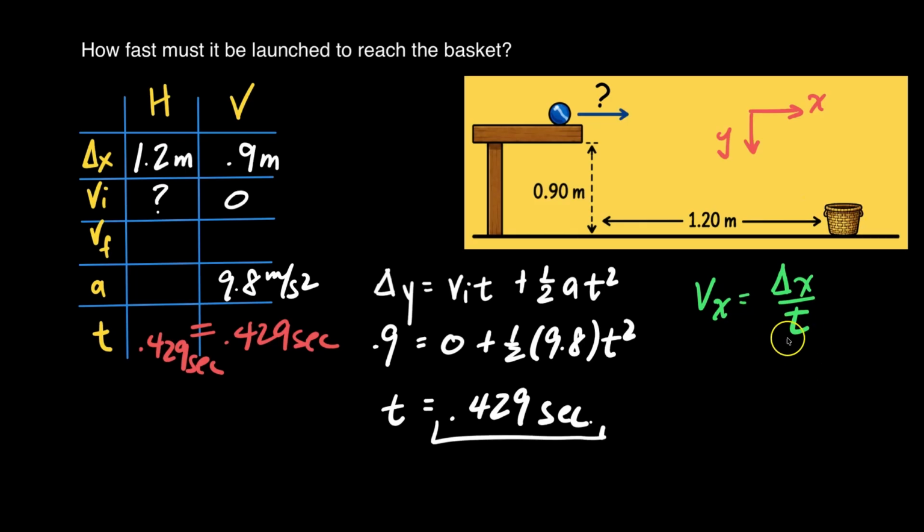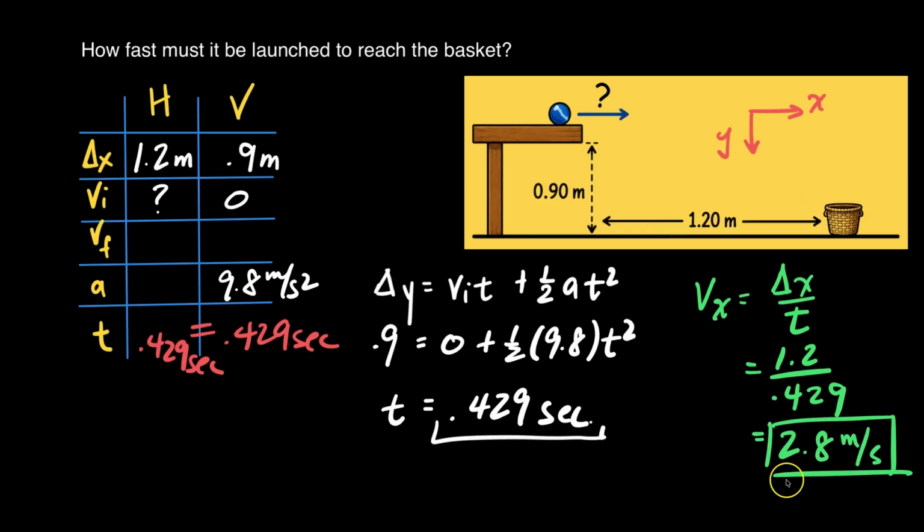But in this case, we don't have to worry about average because horizontally, we know it's moving at constant velocity. All right, so plugging in the numbers, we get 1.2 meters divided by 0.429 seconds, and we get approximately 2.8 meters per second. So this is the horizontal speed that the ball would need to have in order to land in this basket.